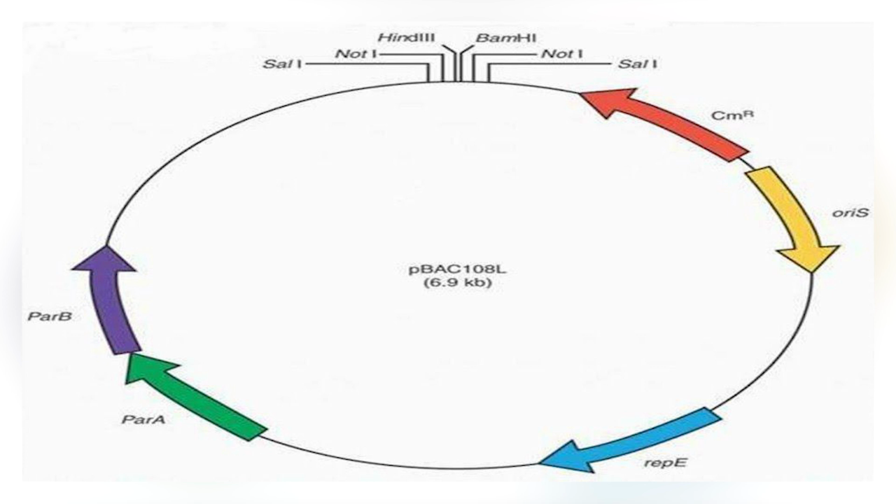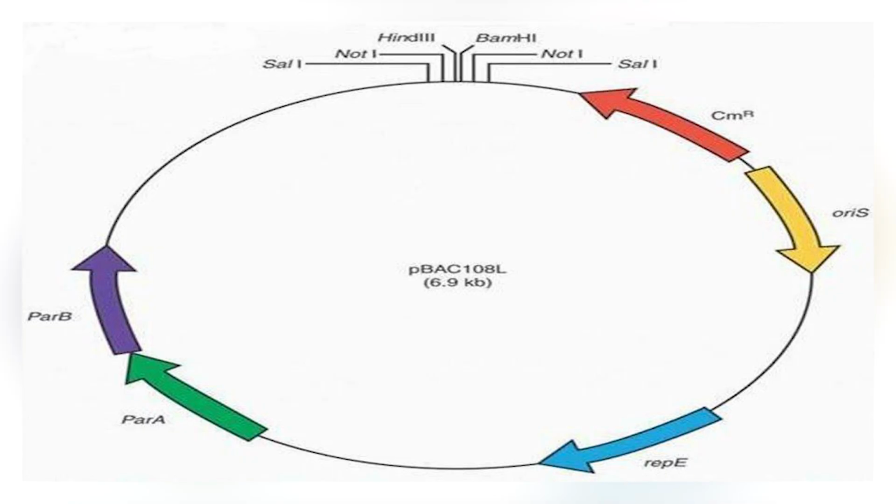You can see that it has the origin of replication sites, the PAR A and PAR B sequences for partitioning stability, and the RAP E kind of sequences which control or regulate its DNA synthesis, so that it can control its copy number. It also shows the selectable marker gene and the unique restriction enzyme sites, where the BAC is open to take the large DNA insert.